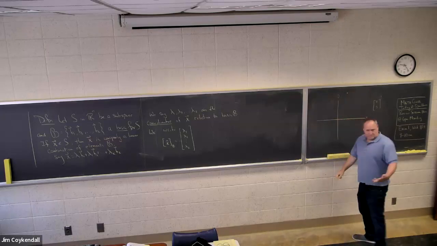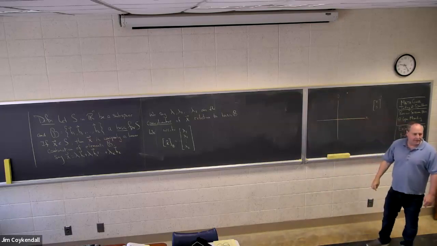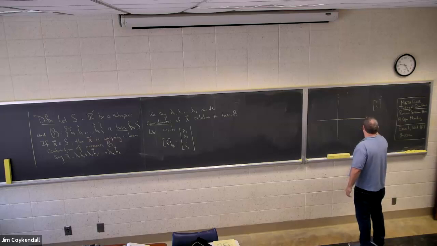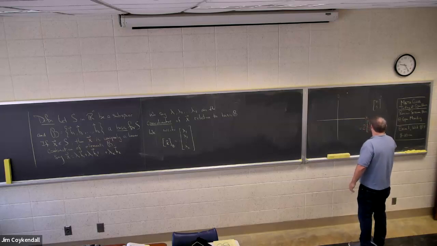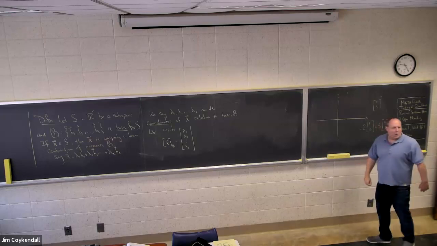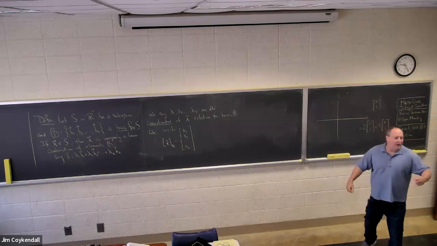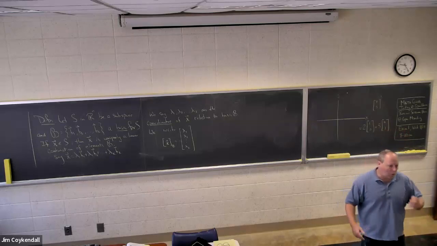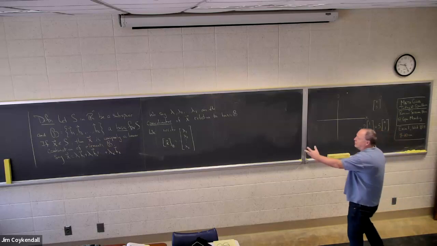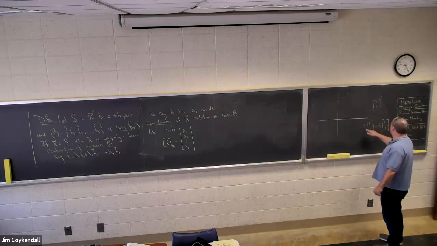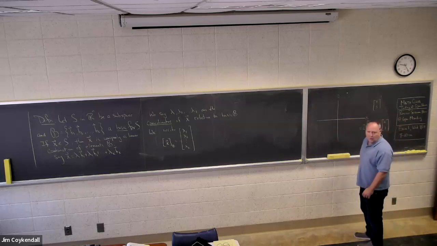These regular coordinates are coordinates in terms of the easy basis, 1, 0 and 0, 1. That's where coordinates come from. But we can do coordinates in terms of any basis. So here we go: 2 of these, 5 of these, and that gives me the coordinates.